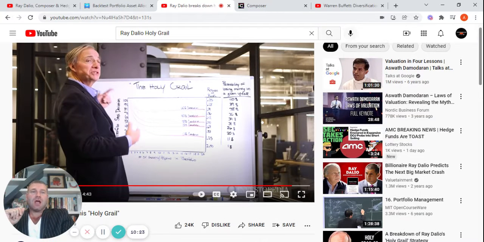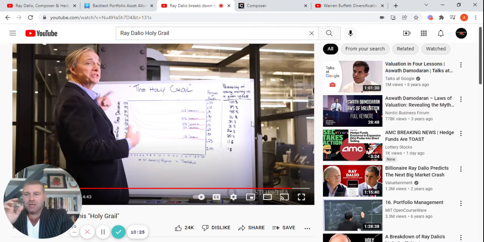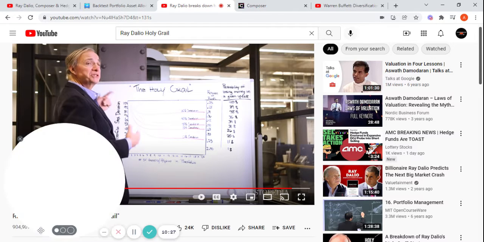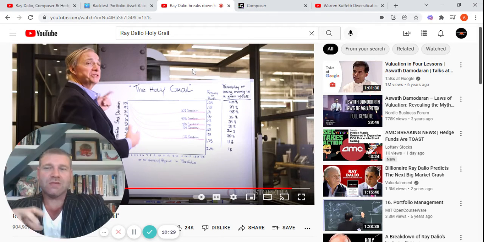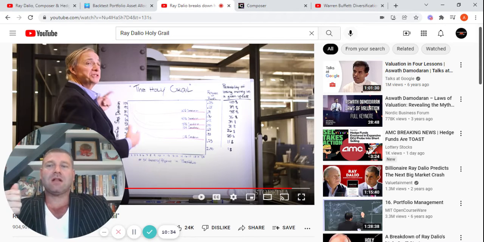Now, I wanted to also play a contrasting clip, because what I also discovered the more you study investing is that Ray Dalio is talking about the power and importance of diversification for investors. And Ray Dalio has been immensely successful. His hedge fund, I believe, is the biggest hedge fund in the world.